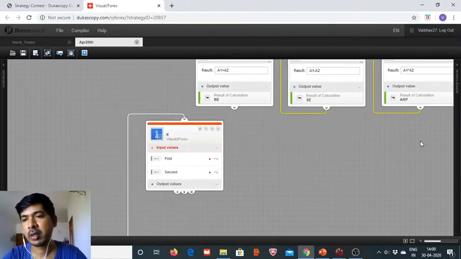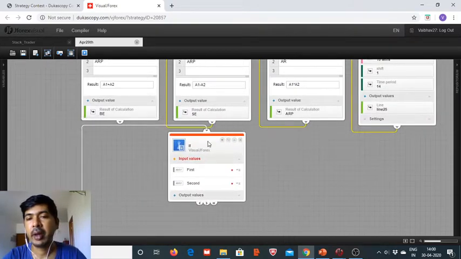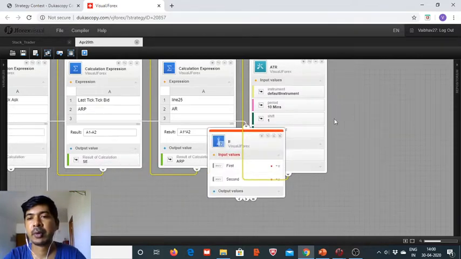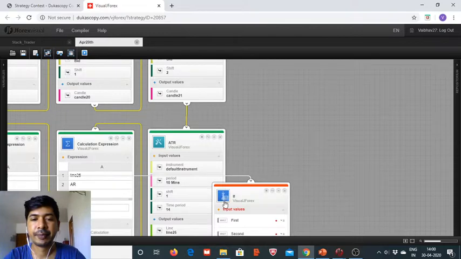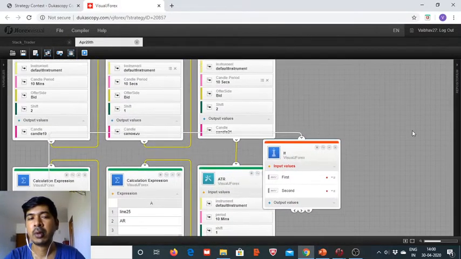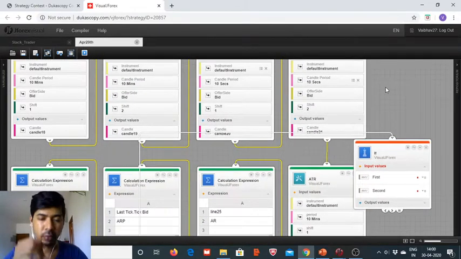So we go and compare the candle 20 and candle 21's value to the candle 18's closing levels.